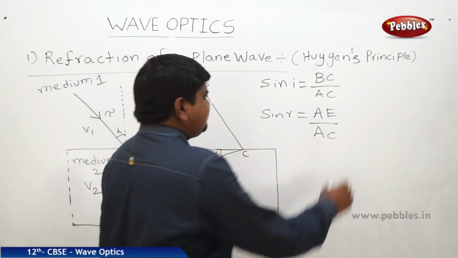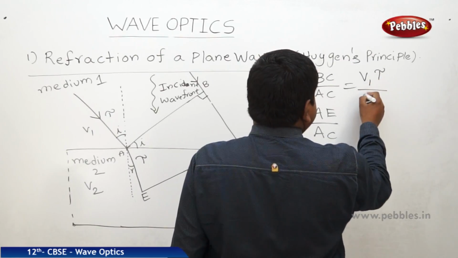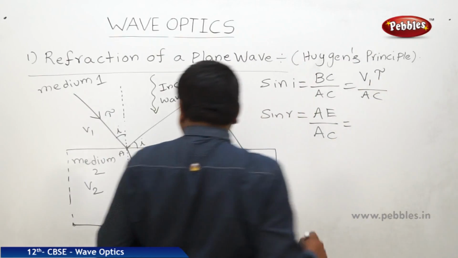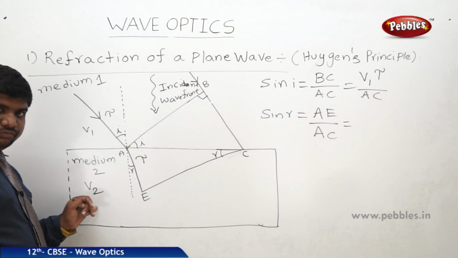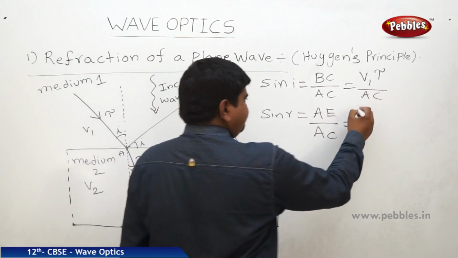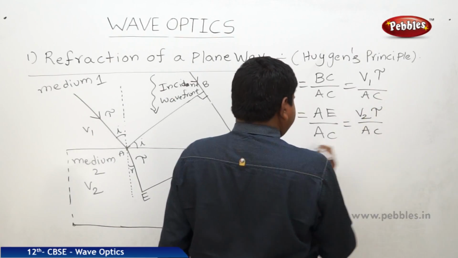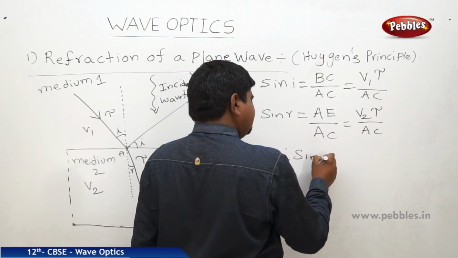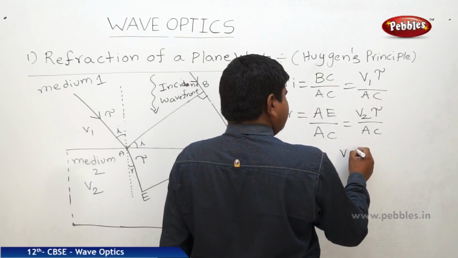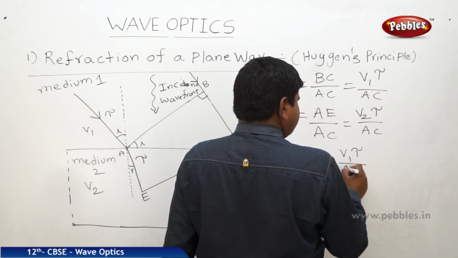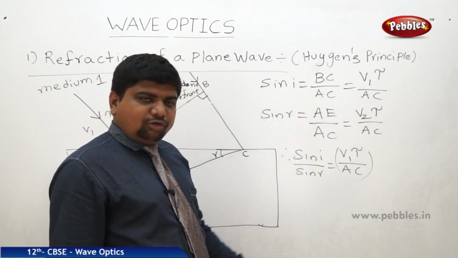So BC is equal to v1 tau and AC is common, where AE is equal to, in this medium the speed is v2, therefore we can write v2 tau by AC. So from this, sin i by sin r is equal to v1 tau by AC whole divided by sin r, means v2 tau by AC.